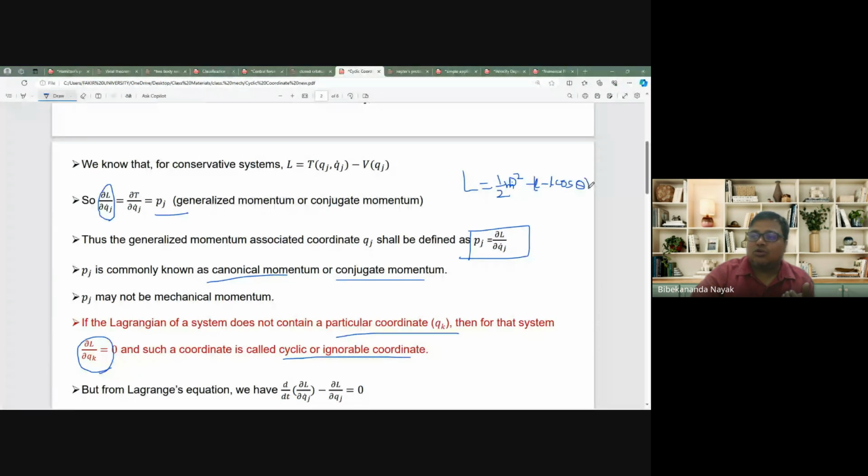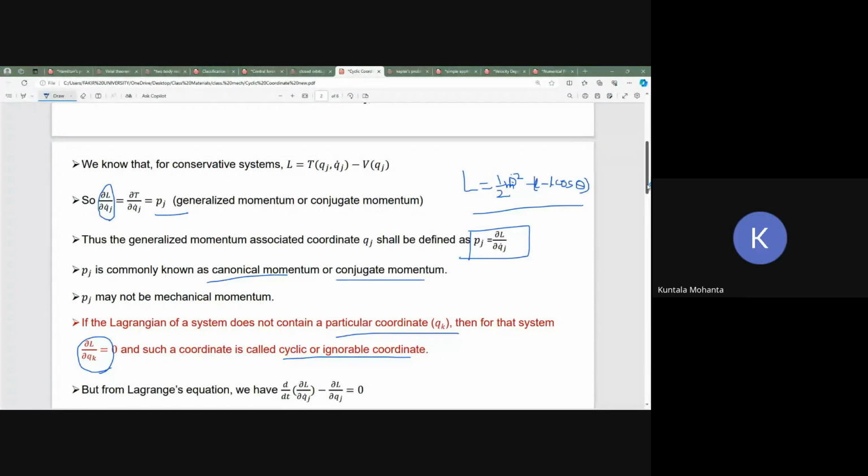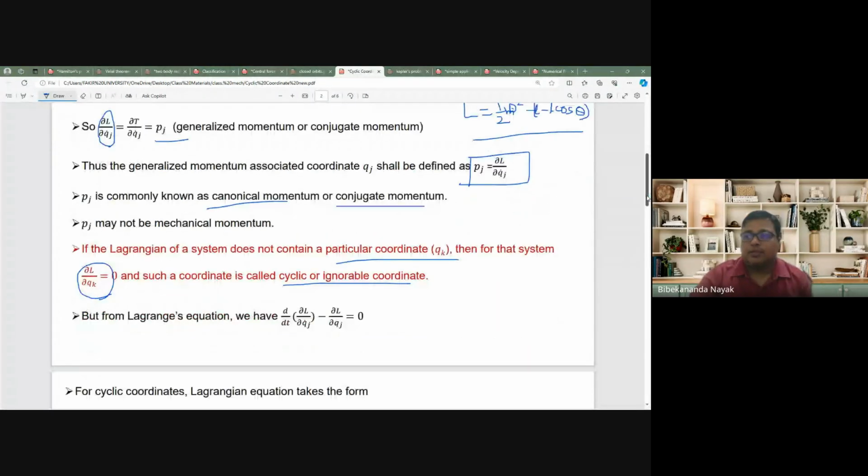There is no r coordinate. So for a simple pendulum, r is a cyclic coordinate. There are two coordinates in the system, r and theta, but for a pendulum the Lagrangian contains only the theta coordinate. So it does not contain the r coordinate. So r is a cyclic coordinate for the simple pendulum. Clear? It does not appear in the Lagrangian.